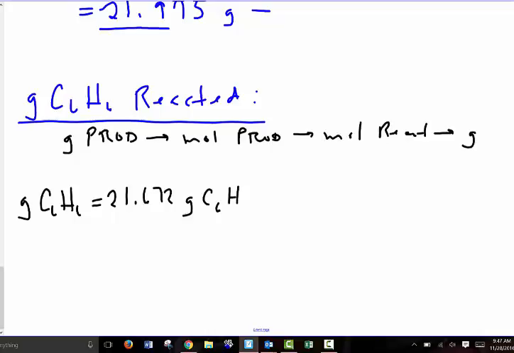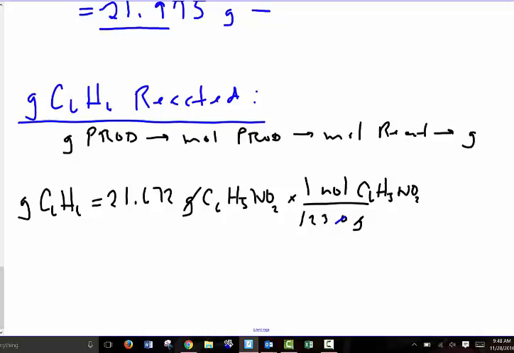Now we're going to cross into moles of product, so we use that molar mass of our product, and we said that the molar mass was 123 grams per mole. So I'm going to make sure I put the 123 grams on the bottom so that the grams cancel, and my 1 mole is going to go on the top. Okay, great. Now I'm in moles of product. I'm going to cross the mole bridge. Remember, we have a 1-to-1 mole ratio.